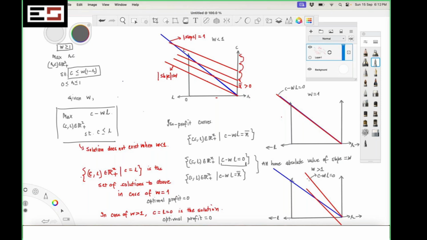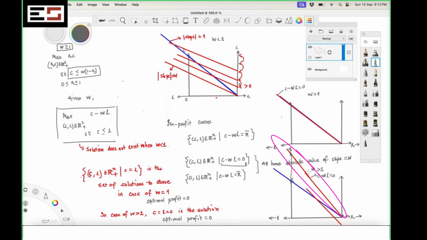So even in this case, it will be this. Is that okay? That's your budget line from here till here. Yes or no?